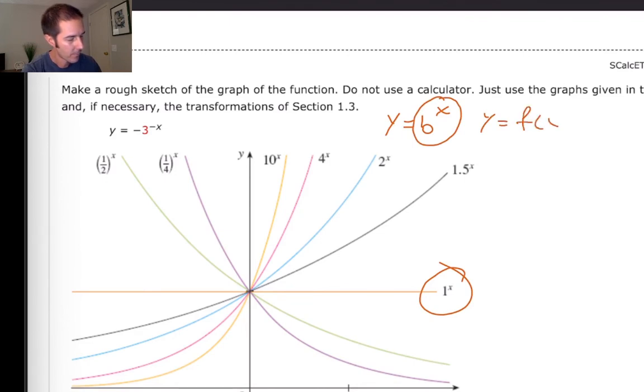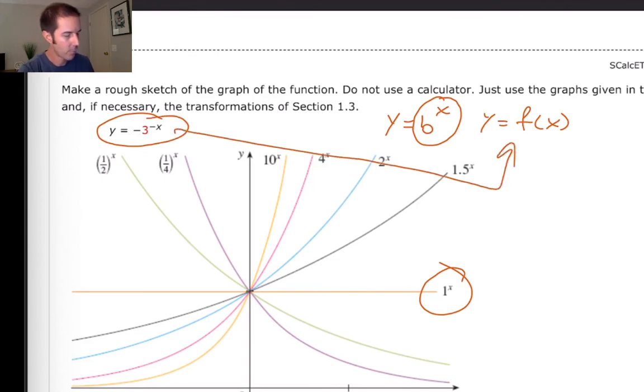So when we apply the current question, which is y equals negative 3 to the negative x, and we try to match it up with this format and apply some transformations, what's really happening?